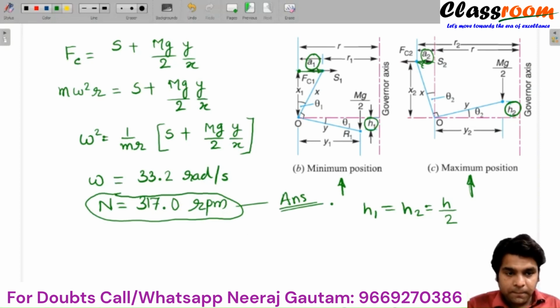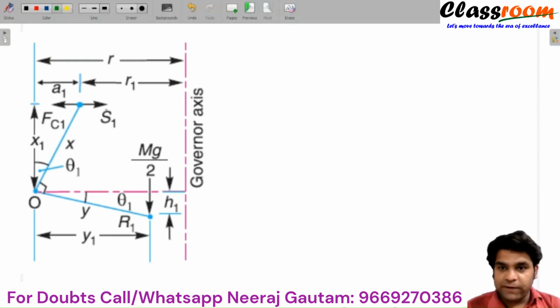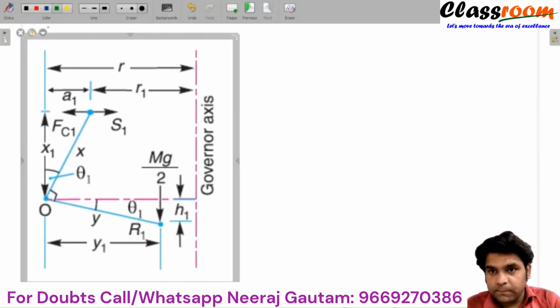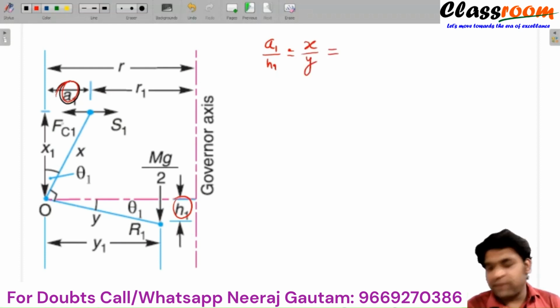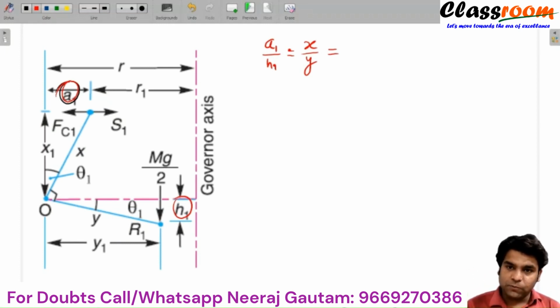Now for this configuration, we can write here that A1 by H1 is equal to X by Y. Since the variation is very small, we will neglect the distances x1 and x2. So x1 is also approximately equal to x here.